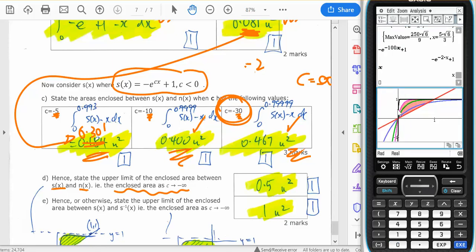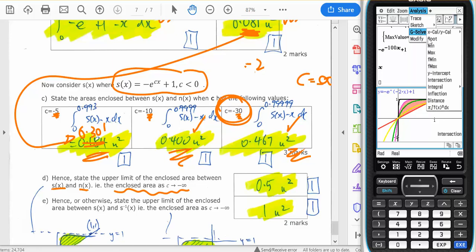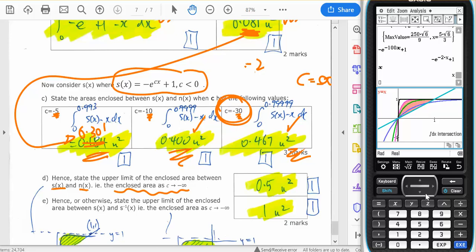And notice that my curve is getting closer and closer and closer to the y-axis and to the asymptote. And I want black and red. So there's my red one.